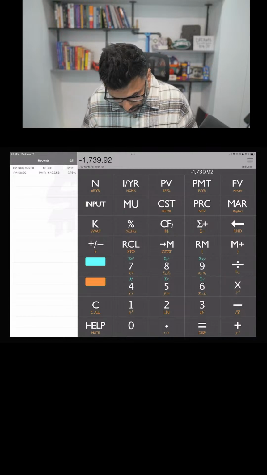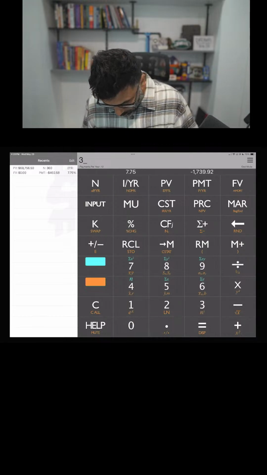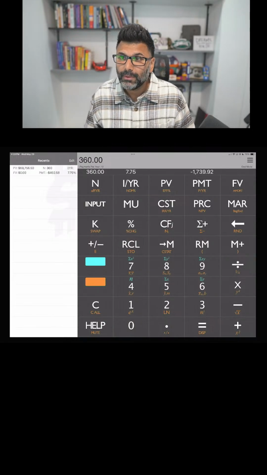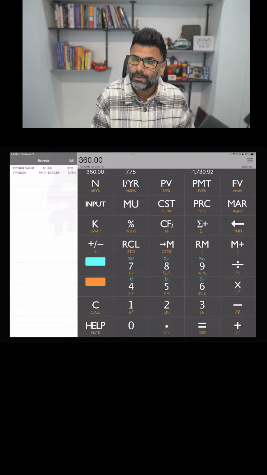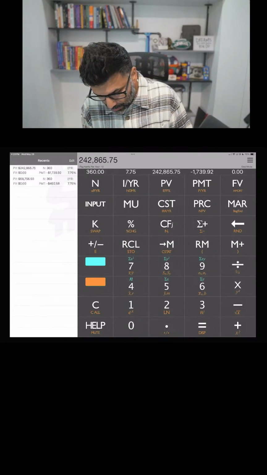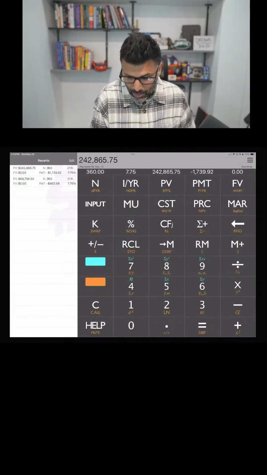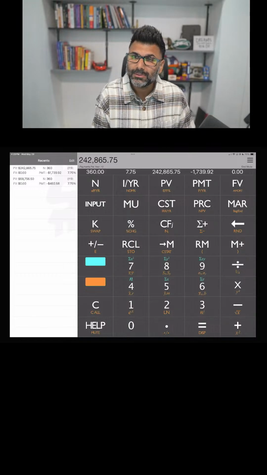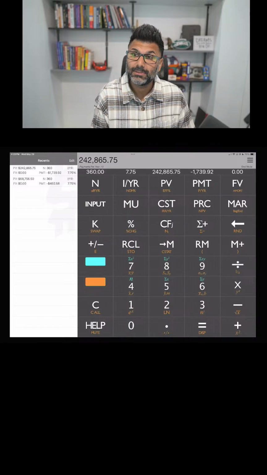Okay. Now we also know that my lender is going to give me a 7.75 interest rate over a 360 month term. So now if I click on PV, it's going to spit out what I must offer for this property to make sure that it fits into the criteria. Okay, so the most I can pay for this property is $242,865.75.